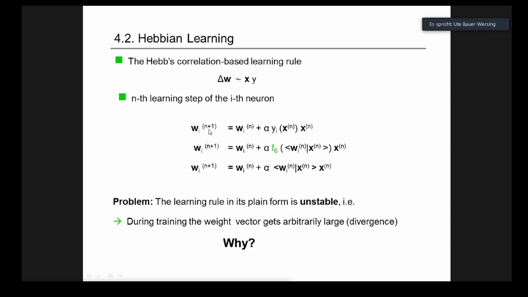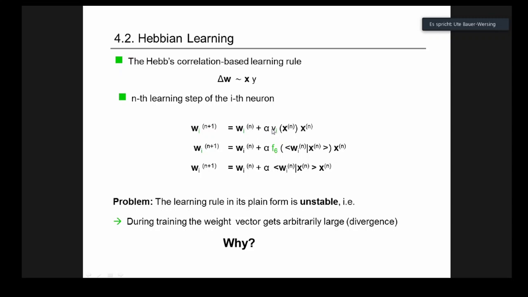The new weight vector at iteration step n+1 is calculated as the weight vector of neuron i in iteration step n plus a learning rate alpha times the output of neuron i given the input xn in iteration step n, times the input xn.